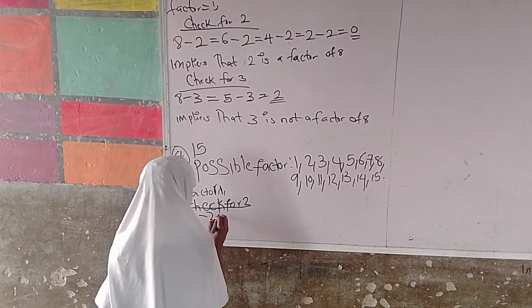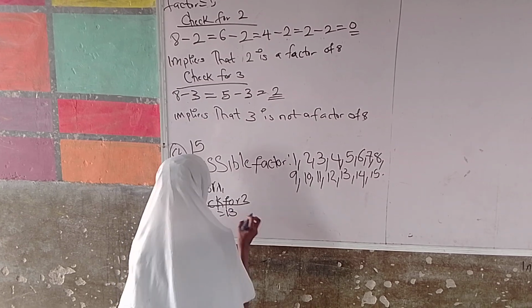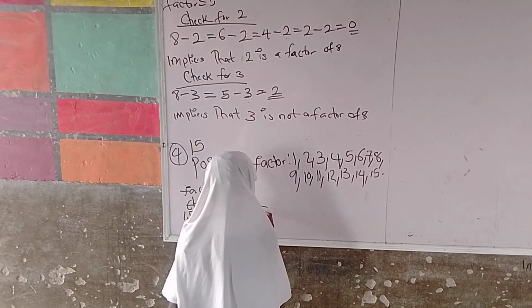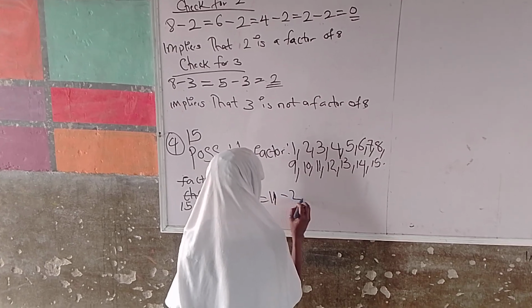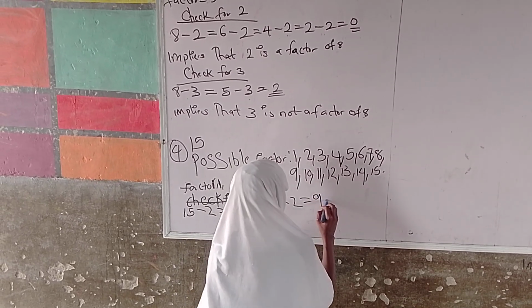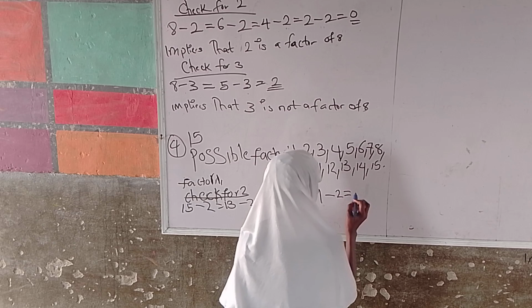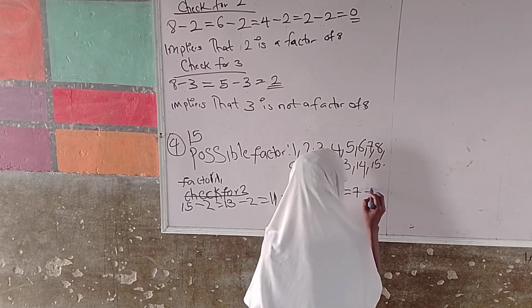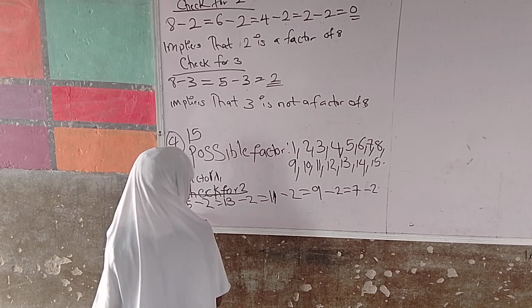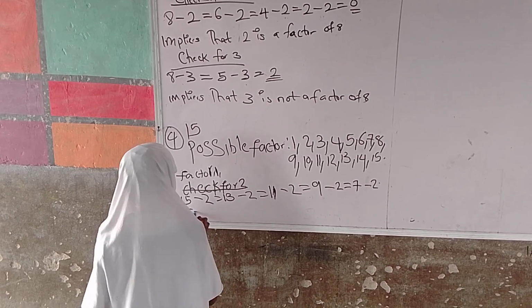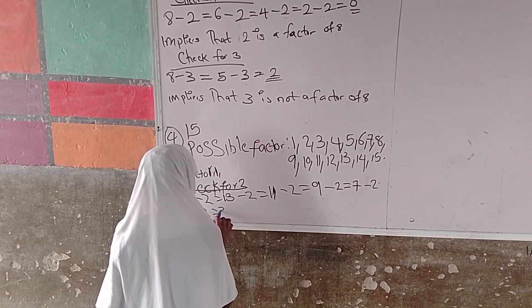15 minus 2 is equal to 13. Minus 2 is equal to 11. Minus 2 is equal to 9. Minus 2 is equal to 7. Minus 2 is equal to 5. Minus 2 is equal to 3.